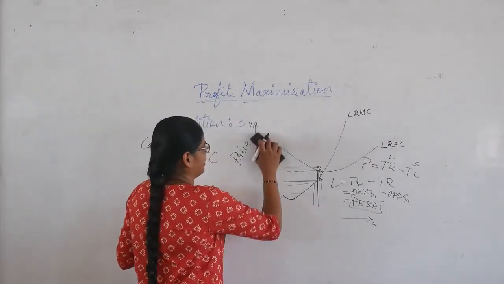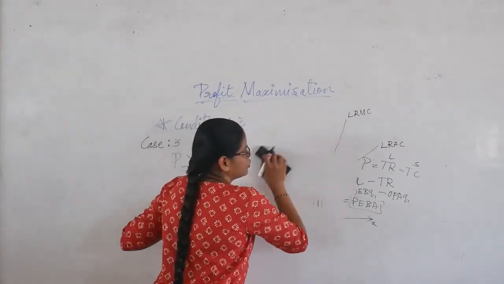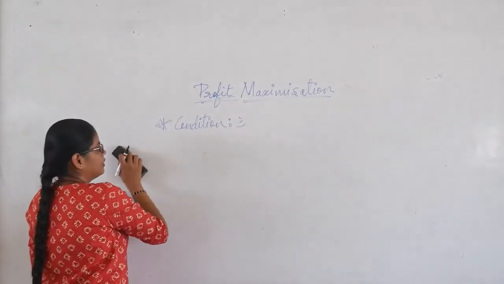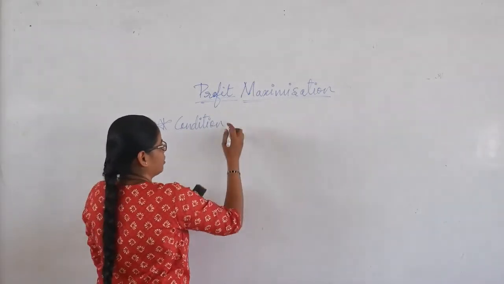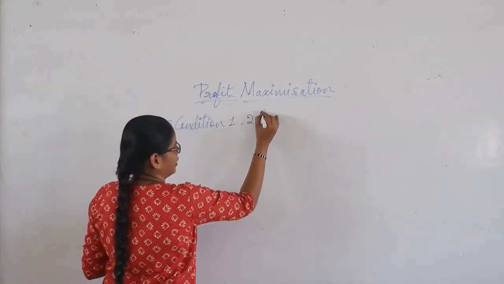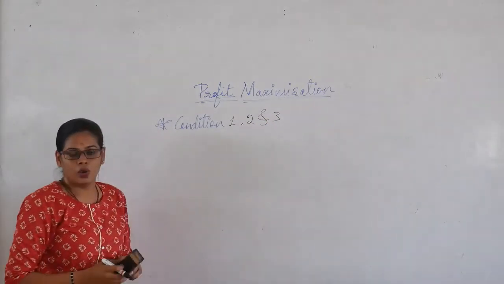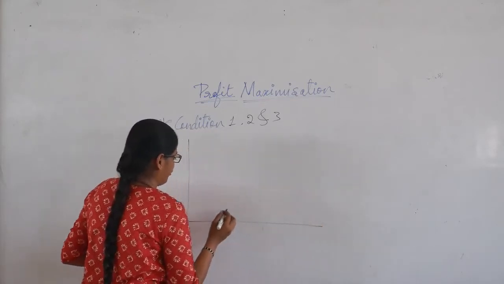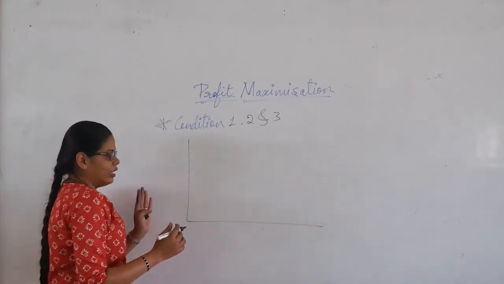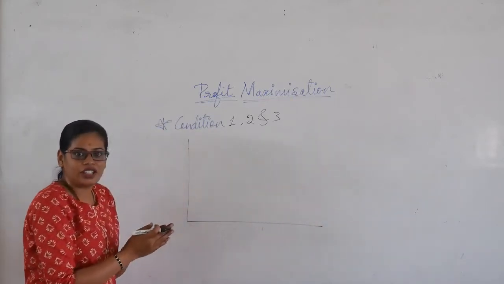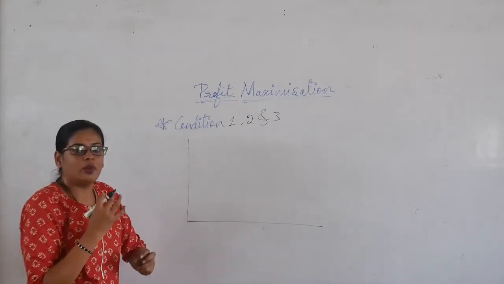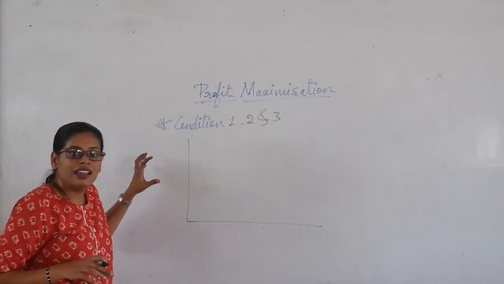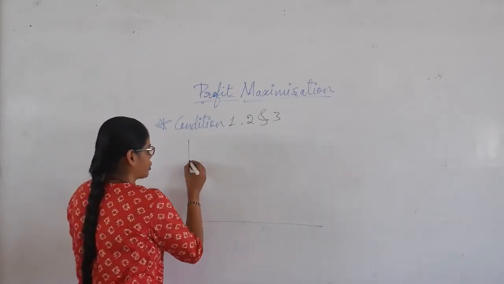Now let's understand the geometrical representation, or the graph, of how all the three conditions, 1, 2 and 3, work. This is your graph. If all the three conditions have to be fulfilled, how should the graph look?